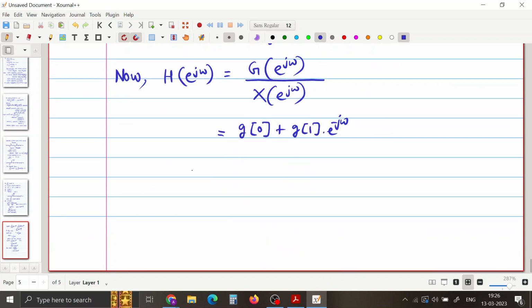If we divide by that, then 1 by this thing goes to the numerator and we have it in the product. So it's 1 minus 1/4 times e power minus j omega. So this is actually the product of these two.